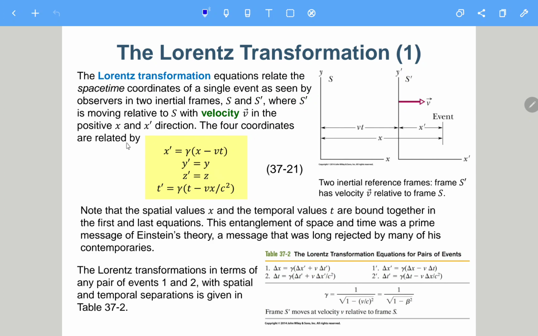The four coordinates are related by this equation. Compare this with the Galilean transformation.